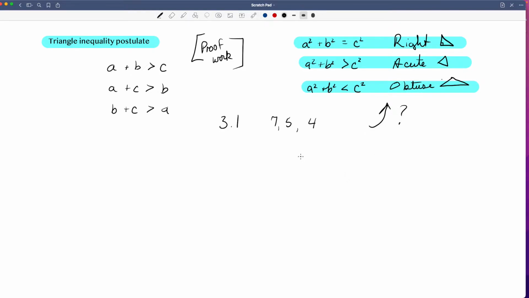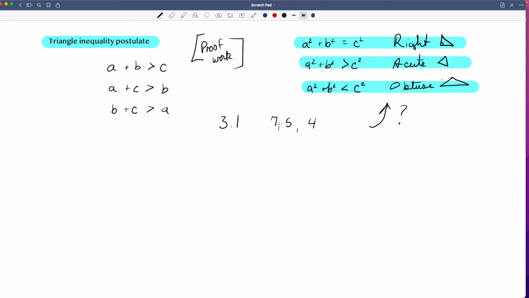So what we're going to do is first determine which one goes in the C. We know from this formula that C is always the hypotenuse. We also know from working with right triangles that the hypotenuse is always the longest side of the right triangle.